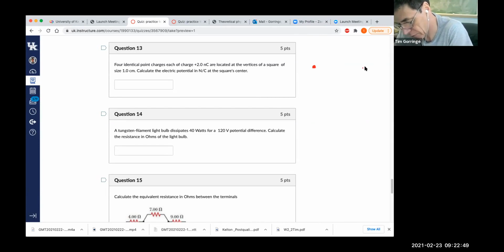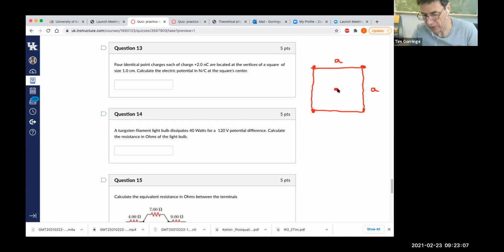I'm going to draw the 4 charges. Here they are. As I say, they're located on this square where the sides have length a. And we want the potential at this point here, the very center, due to these 4 charges.